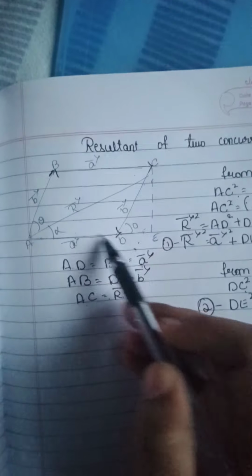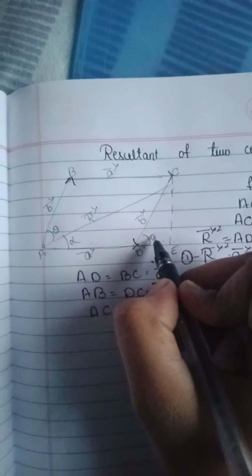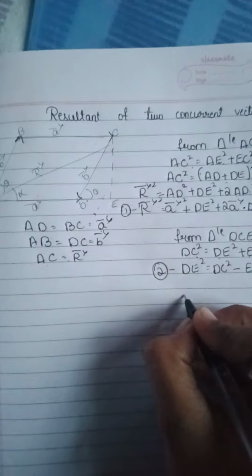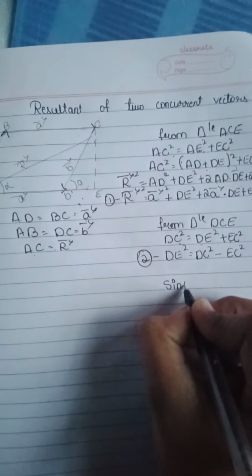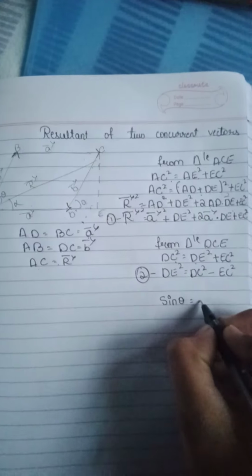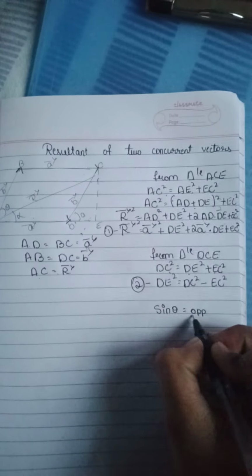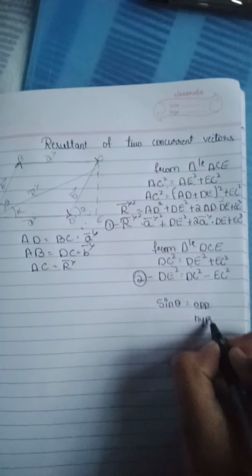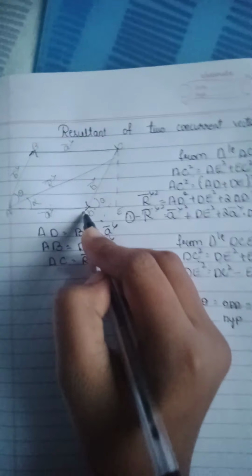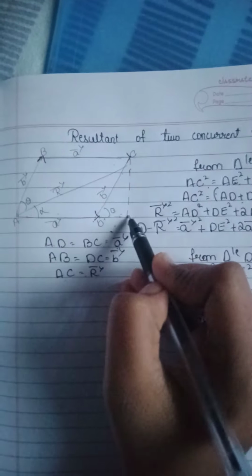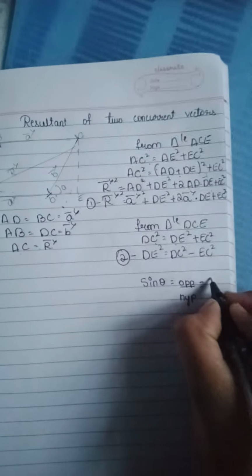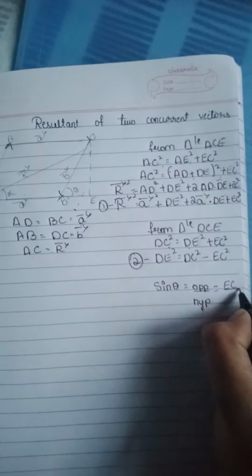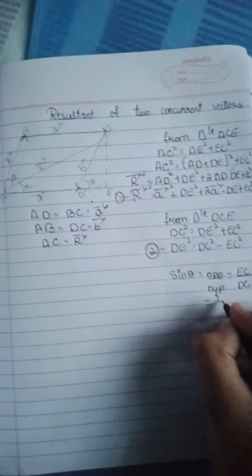Then they have given the angle theta here. So we take sine theta, which means opposite by hypotenuse. Here opposite is EC, and hypotenuse is DC.